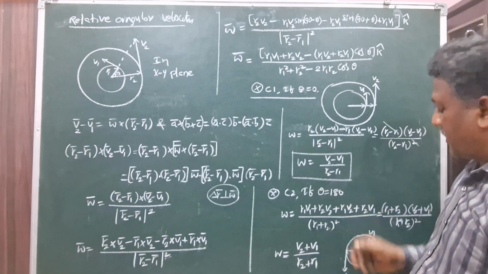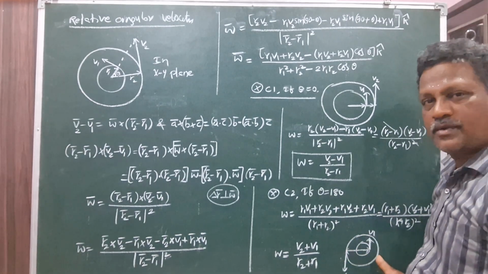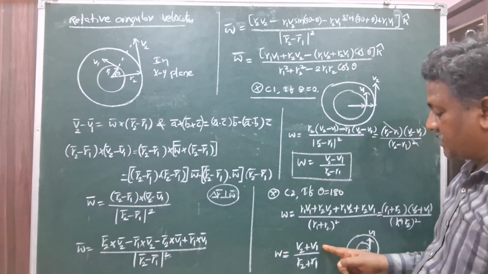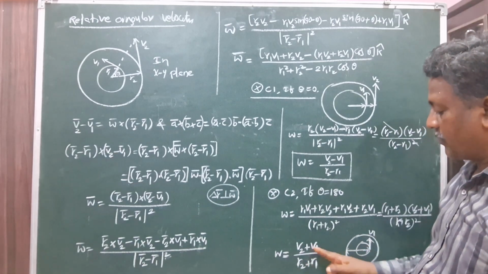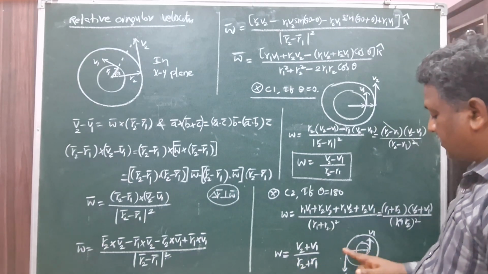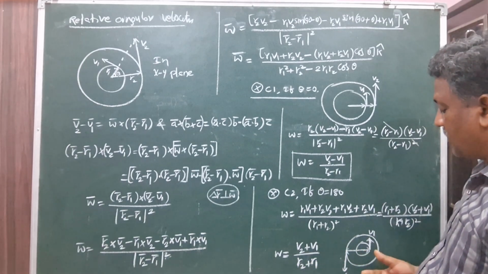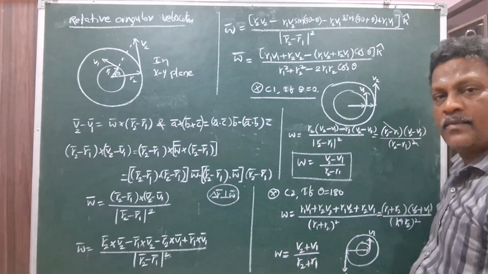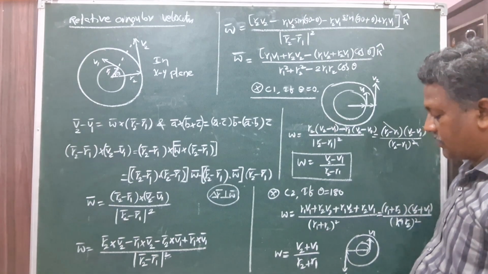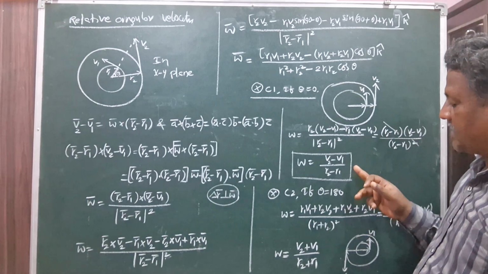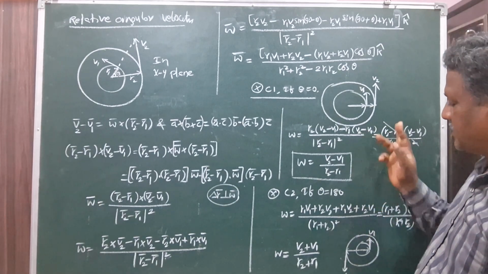If theta is equal to 180, these two particles are opposite to each other, then the relative angular velocity is v2 minus minus v1, and the separation between the two is r1 plus r2. This is the relative angular velocity when the angle between the two is 180, and the earlier one is when the angle is 0.